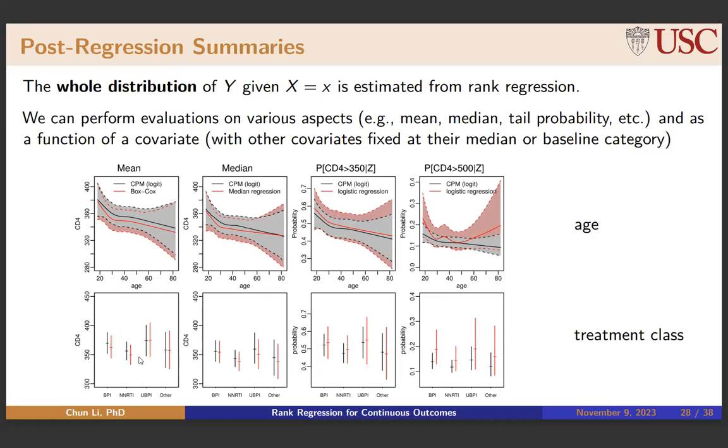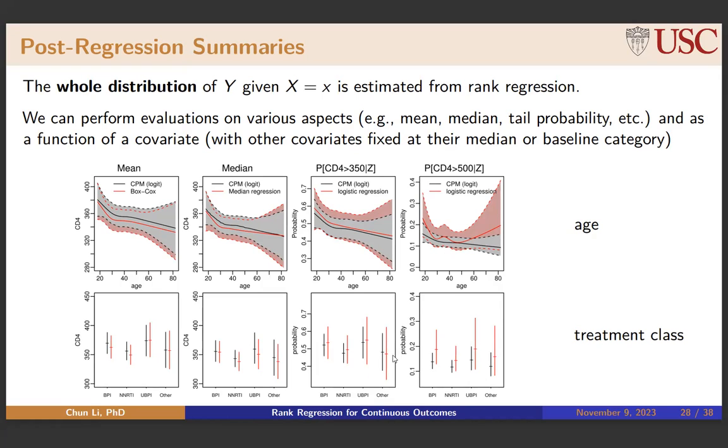Similarly, you can do this for categorical predictors. For example, treatment class has 4 categories, with 3 major ones and all the others lumped together as an other category. So with 4 categories in this analysis, you can evaluate the corresponding outcome as a function of the specific category in treatment class, and also give a confidence band.